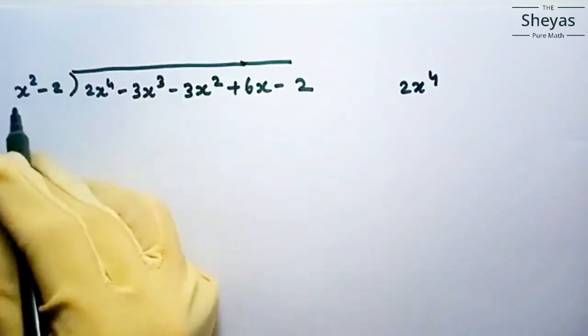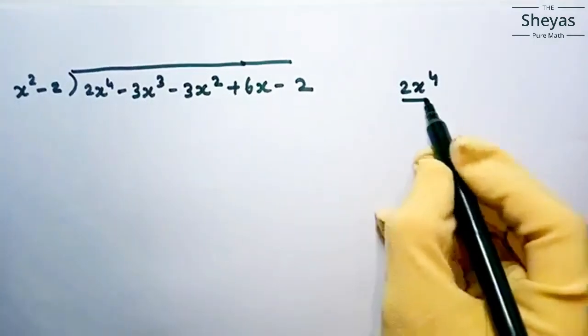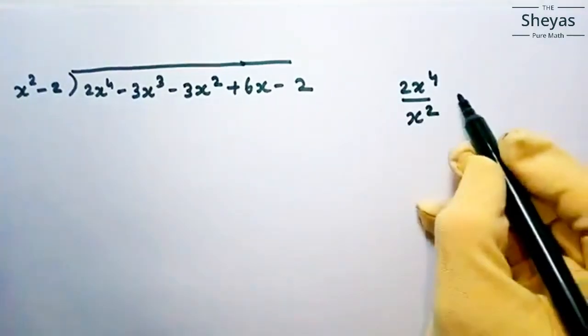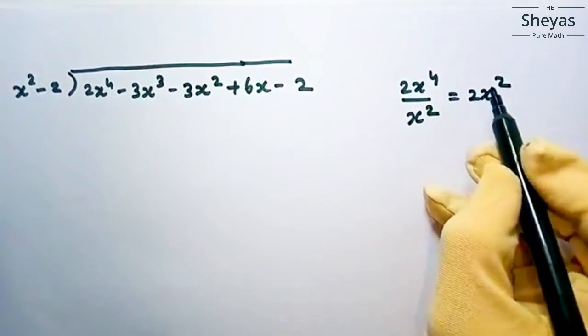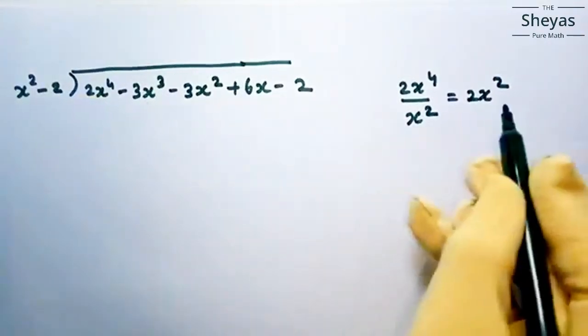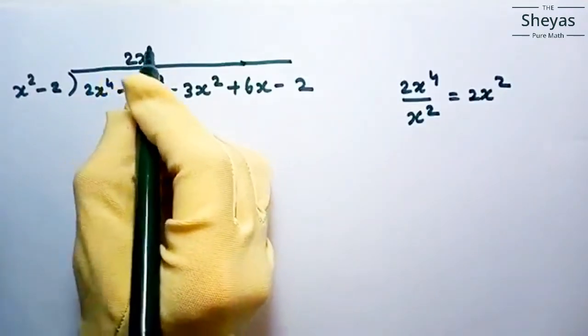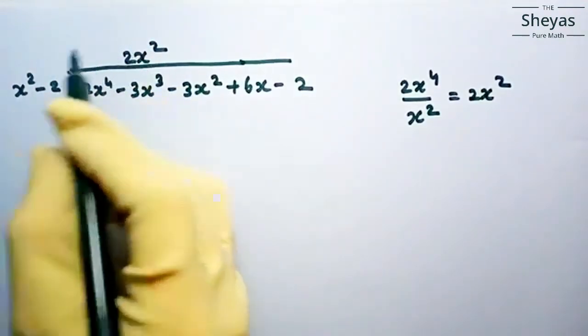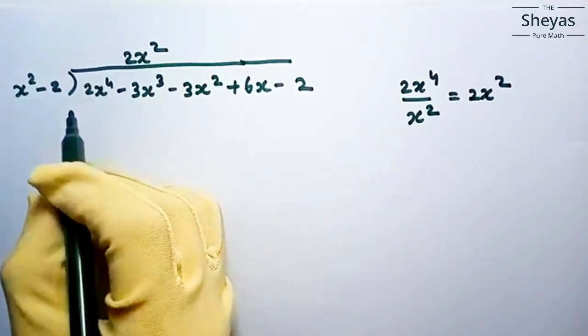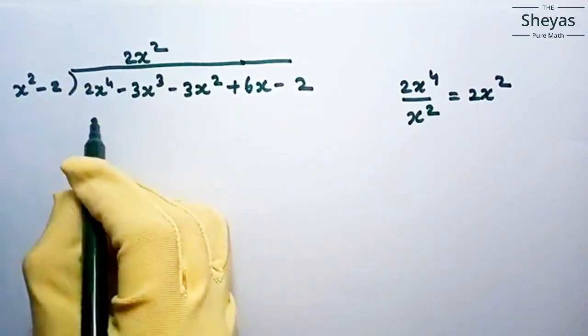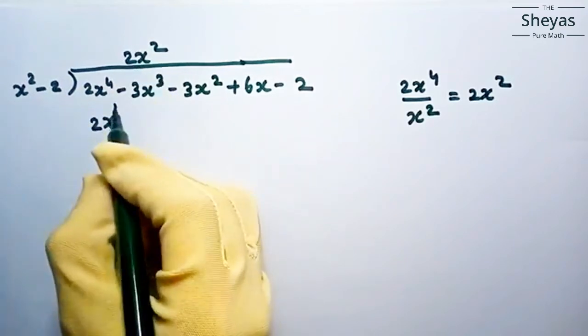Take the first term, and what is the first term here? X square. Now if I divide, I'll be getting 2x square. So write the 2x square in the quotient. Okay. So when I multiply the whole, what will you get? 1 into 2 is 2x power 4.